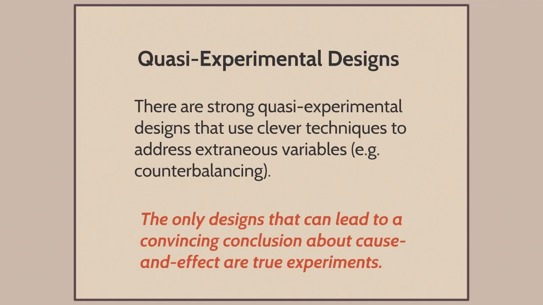For example, there's a technique called counterbalancing. The way that works is that, let's stick with our example, and let's suppose we have 3 classes assigned to the treatment and 3 classes assigned to the control, and we're studying different instructional methods for teaching science.